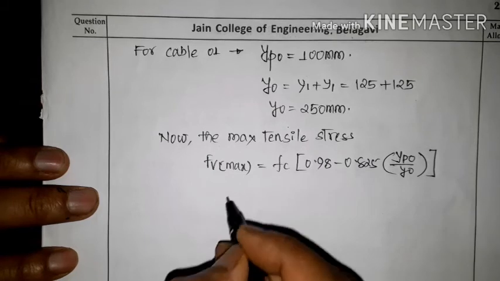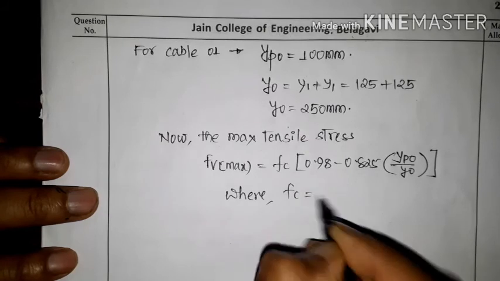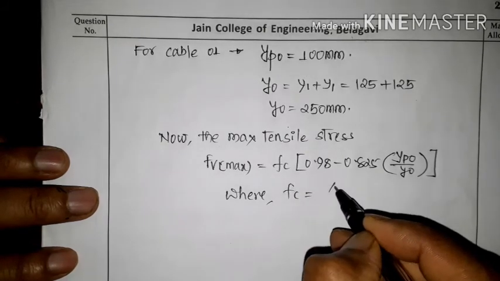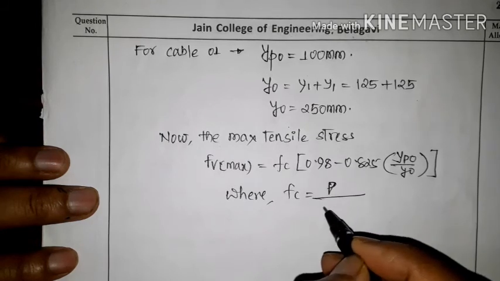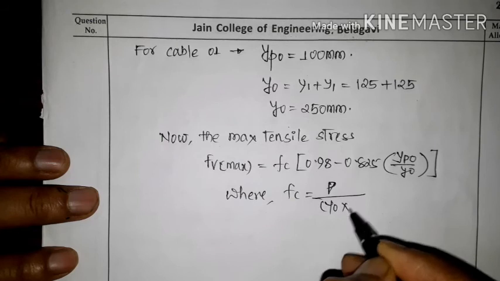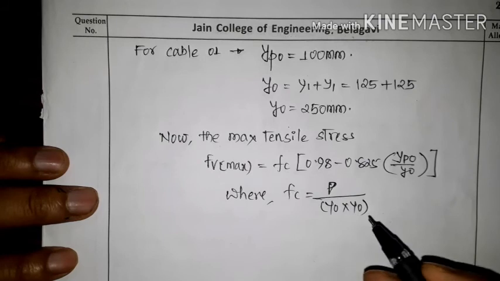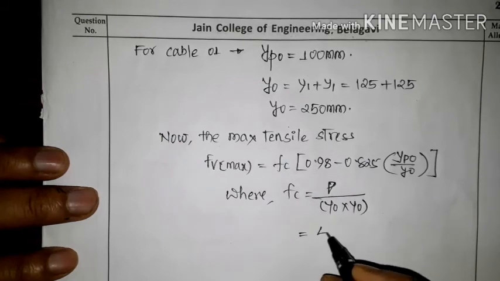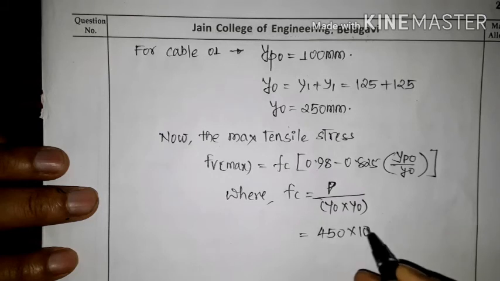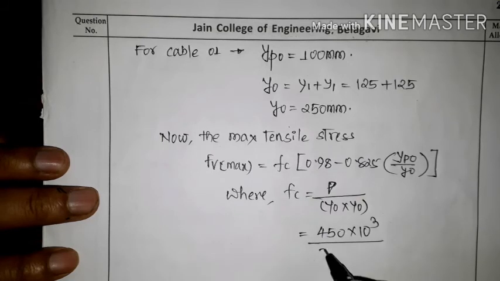Okay. So where Fc is equal to the direct stress, P divided by Y naught into Y naught, that is the area of the prism. So P is 450 into 10 raised to 3 divided by 250 into 250.